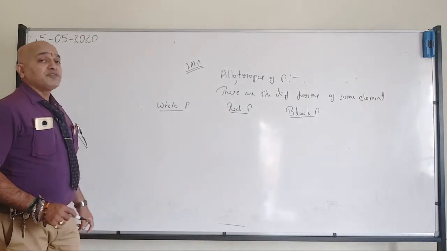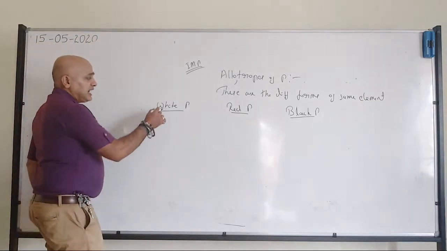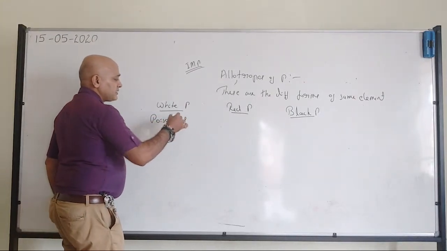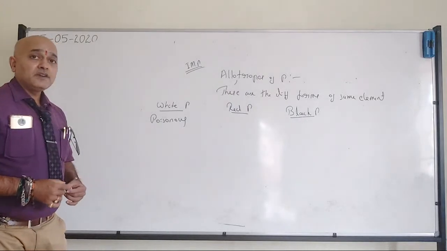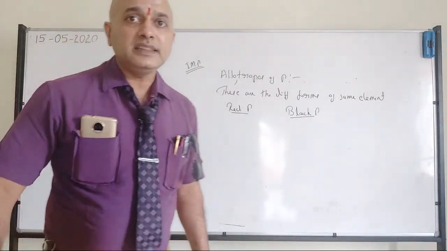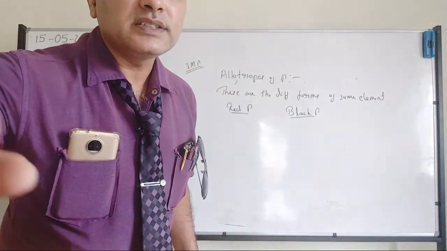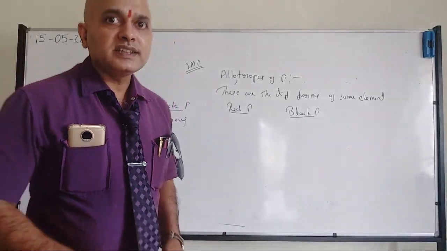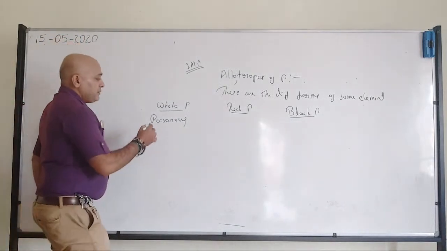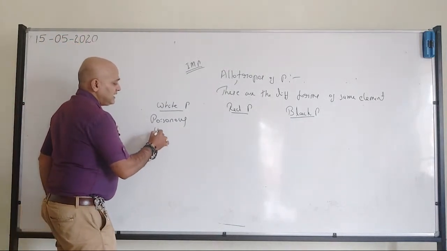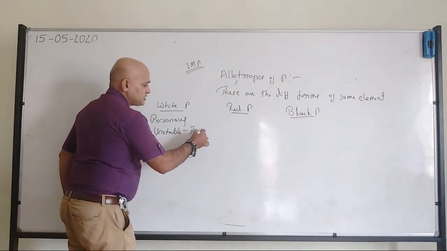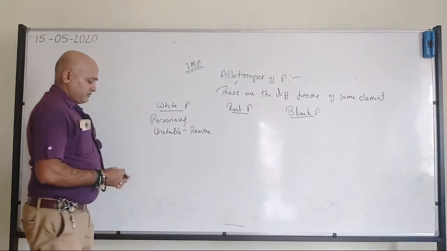Now what is the difference? White phosphorus is poisonous, highly poisonous. That is because it is unstable, because of which it will be very reactive.